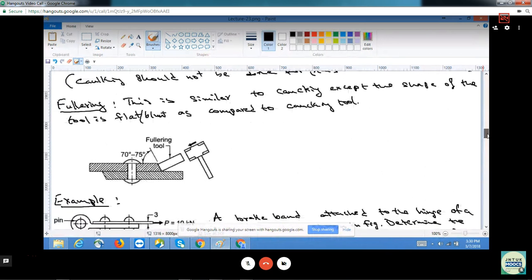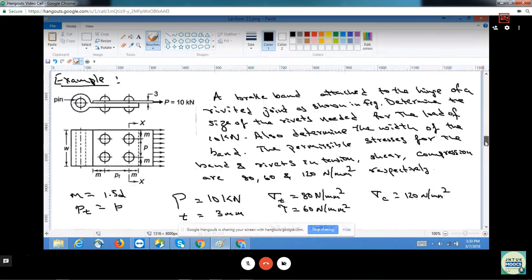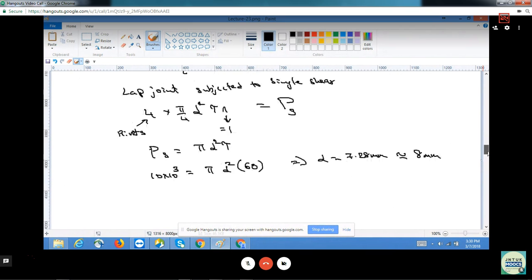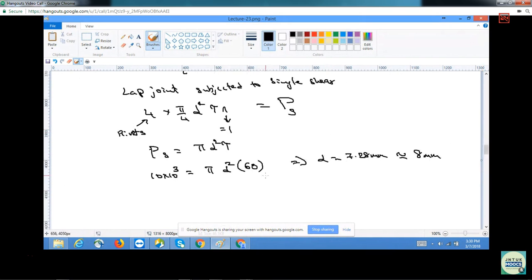and then we started doing this example, and here we have a single shear, and there are 4 such rivets. So if we consider shear failure, we can write this, and based on that the diameter is this.